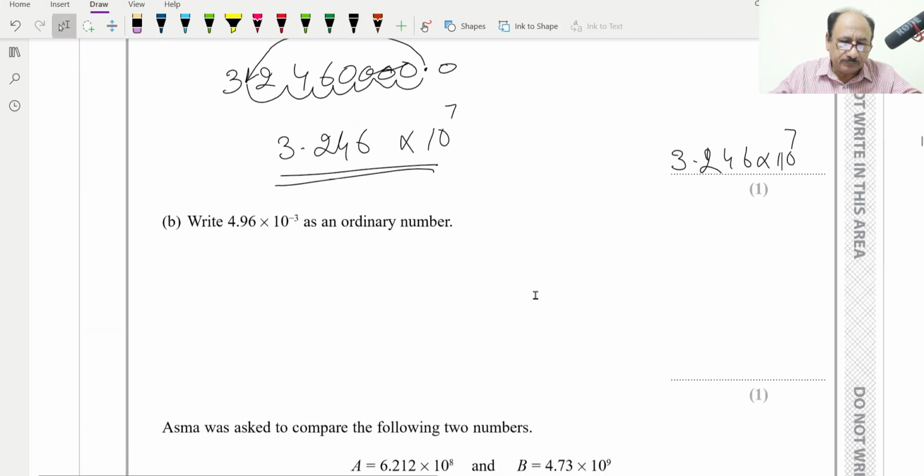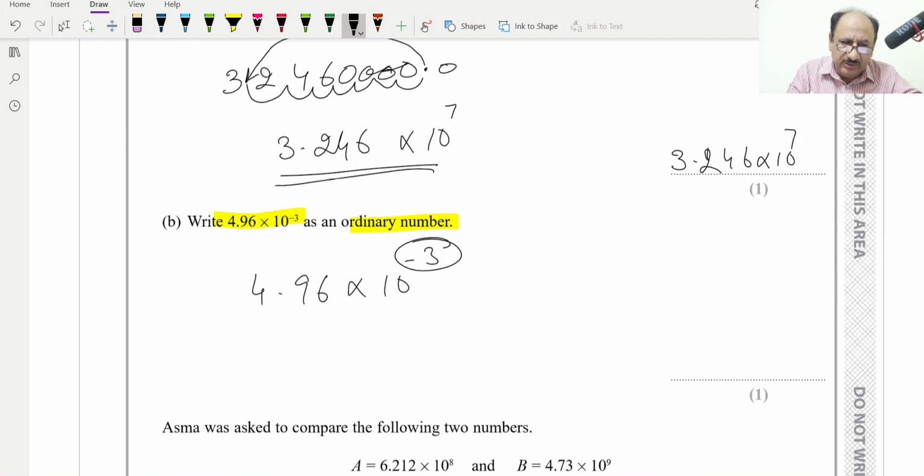B part: write 4.96 into 10 raised to the power minus 3 as an ordinary number. As the power is minus, we'll be moving the decimal to the left side. So 3 jumps we have to take to the left.